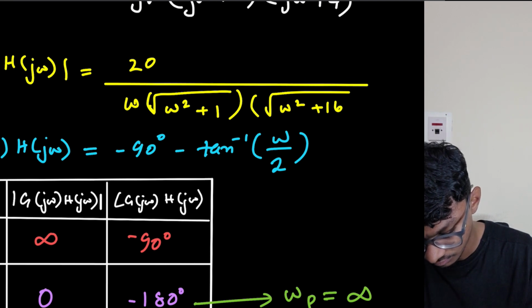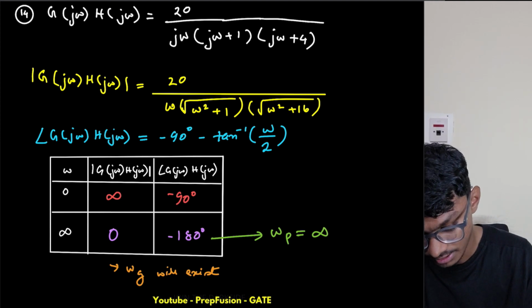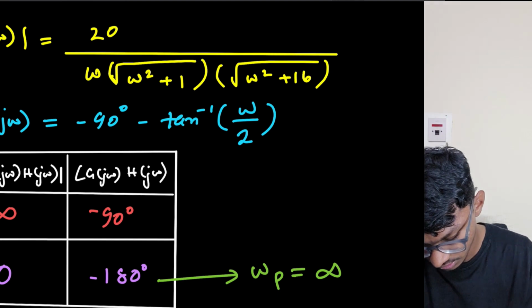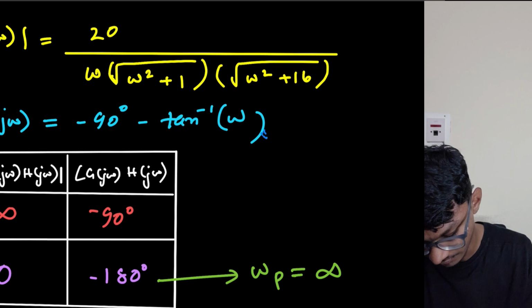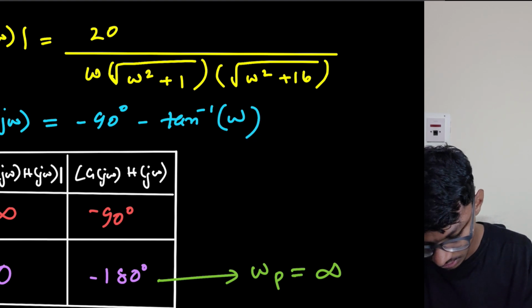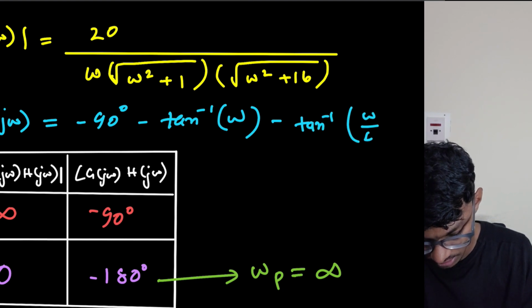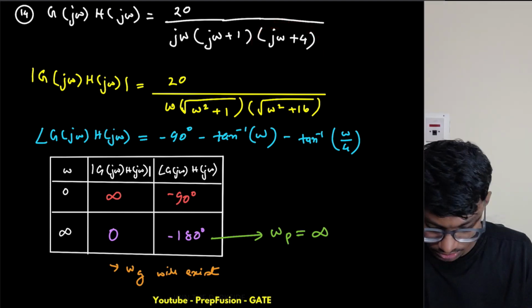Okay, so this is this one. What is the angle? I'm doing it directly now. The angle is tan inverse omega by 1, and another tan inverse term will be there, tan inverse omega by 4. So this is another term.